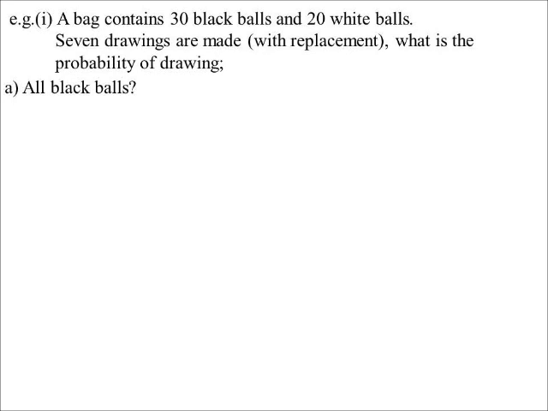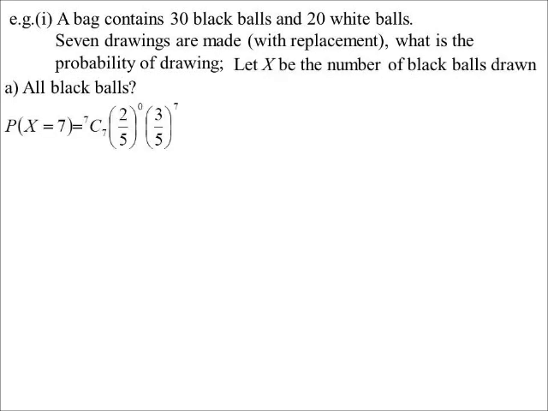So, all black balls. We don't really need it for this, but just to illustrate that it would work. Obviously if they're all black, we'd just say the probability of black is 3/5 each time, so 3/5, 3/5, 3/5. But what I'm saying here is X represents the number of black balls. If it's going to be 7, it'll be 7C7, which is of course 1, times the probability of it happening to the power of 7, times the probability of it not happening to the power of 0, which again is just equal to 1.